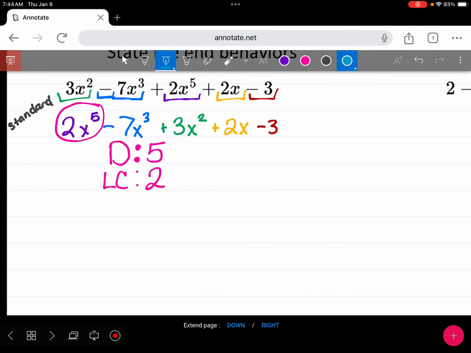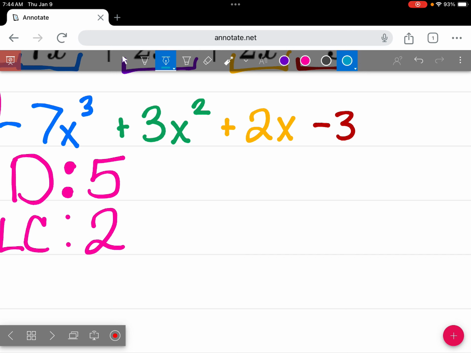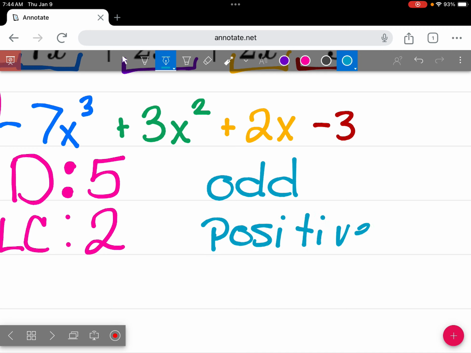So now we know our degree and our leading coefficient. So is this thing going to be even or is it odd? Is this positive or negative? Positive. So I know it's odd and it's positive. We can find our end behavior.